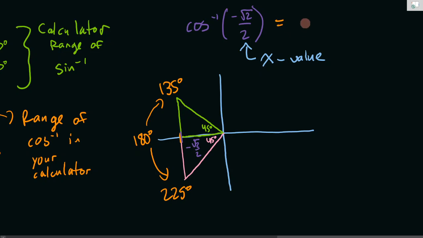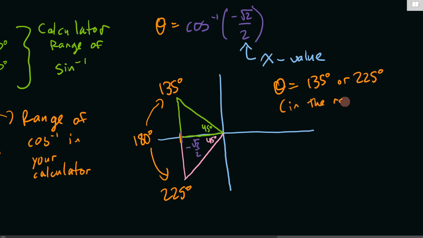Let's make this theta equals, so we can actually label what we're talking about. So theta equals 135 degrees or 225 degrees in the range of 0 to 360 degrees.